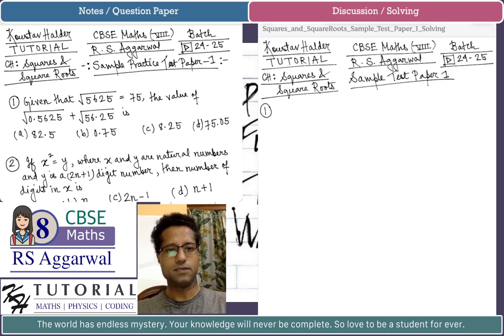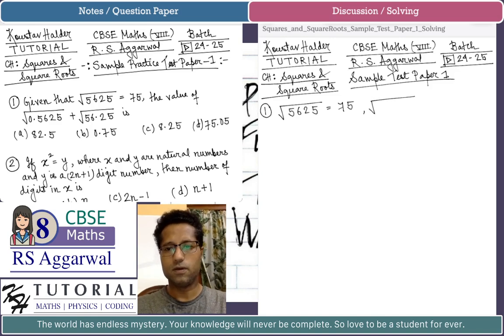Problem number 1 says that it is given that the square root of 5625 is equal to 75, and we are asked the value of square root of 0.5625 plus square root of 56.25.